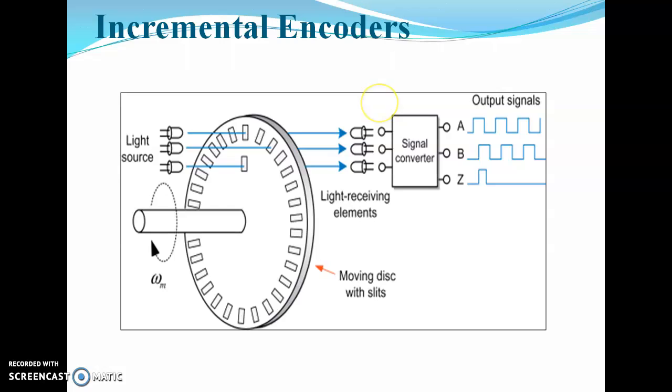At the sensor, the signal will be in the form of a square wave. You can see here A, B, C, and this is the signal controller. Depending upon the position of the slit, a signal will get generated at the particular sensor side, and these output signals A, B and Z are converted into the actual value of the angular position of the shaft.